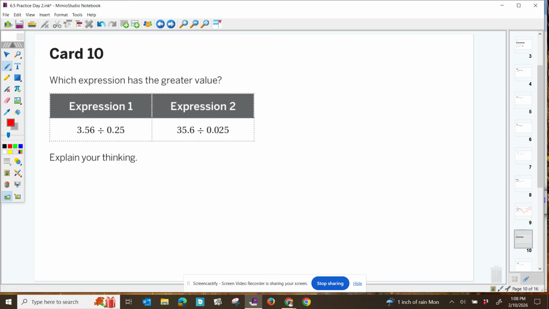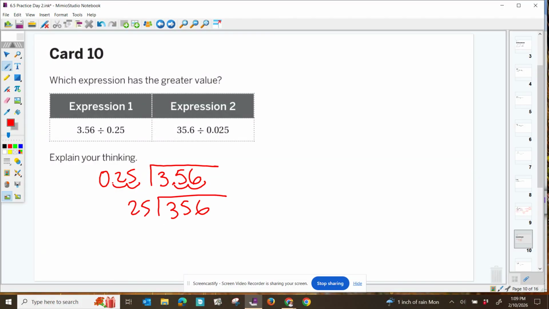Next, here we go. If I set this one up, I can just look at it and see that there's something going on there. I've got 0.25. If I move this one once, twice, I move this one once, twice. That's 356 getting divided by 25.